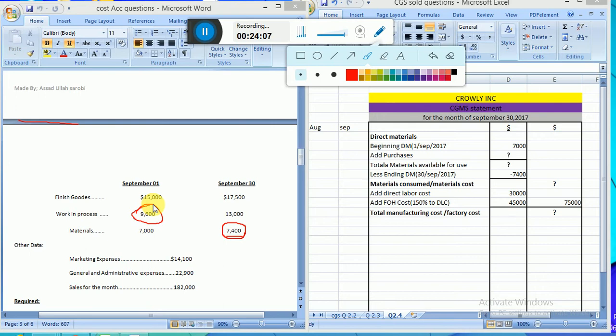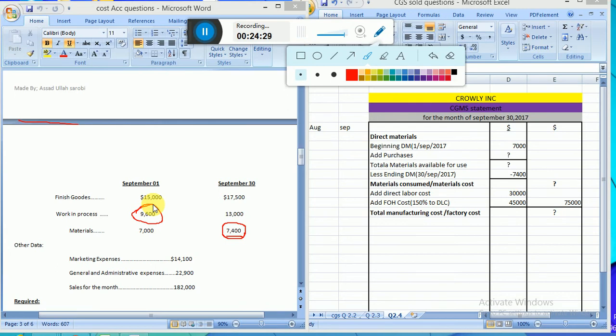The 9,600 work in process remaining is not converted to finished goods. This work in process will be converted to finished goods in the month of September, so the cost of this will also be added in the month of September.